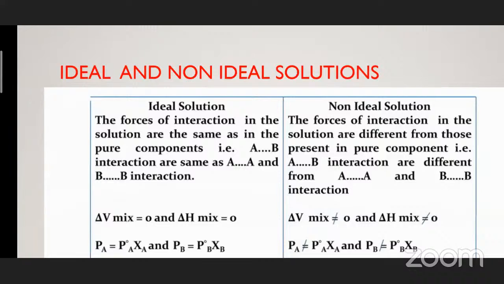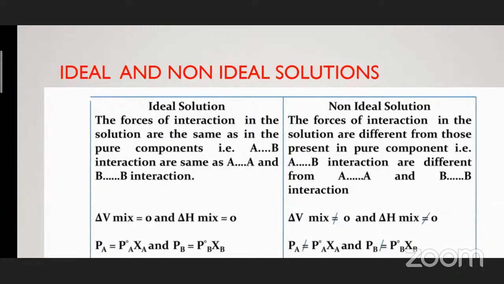Expected minus real value. So sometimes in reality, we should get 30 plus 70 as 100, but sometimes we get this value as more, or sometimes less. Sometimes we get it as equal.